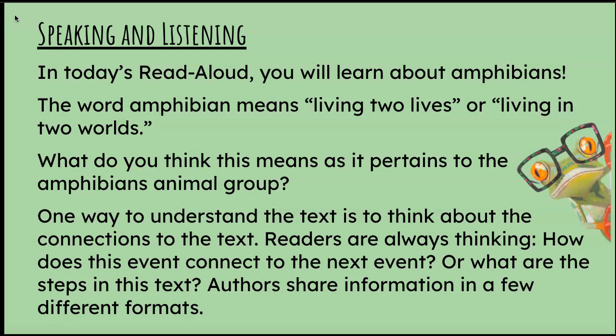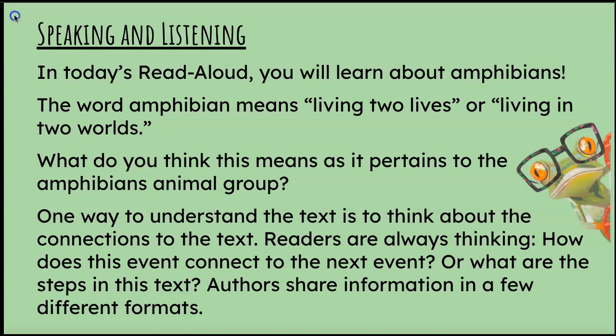One way for us to understand the text is to think about the connections to the text. Readers are always thinking, how does this event connect to the next event? Or what are the steps in this text? Authors share information in a few different formats.